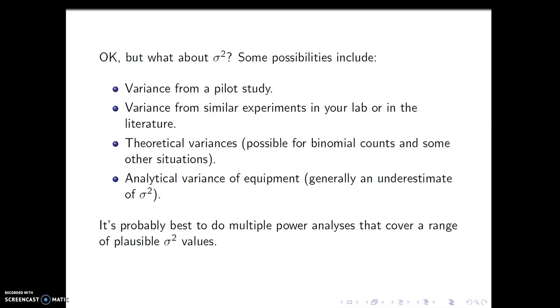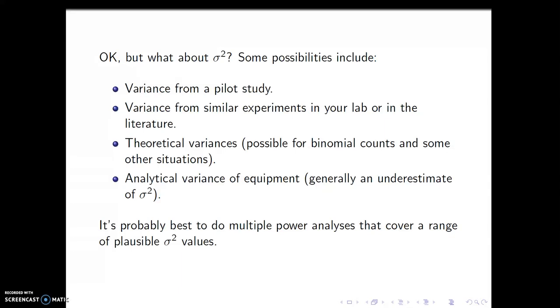But what about sigma squared? Best case, in my opinion, is getting a variance from a pilot study. Next best is having other past experiments from the literature. You can include theoretical variances. Like if you know it's Poisson, well, just report what your assumed mean of the Poisson, hence variance, is. If it's binomial, then think about, okay, worst case on our proportion, it'll be this.